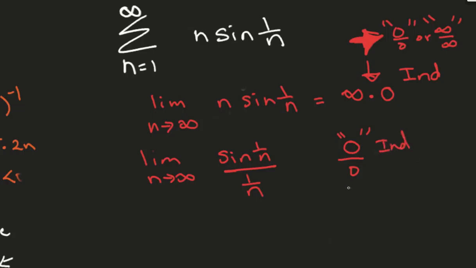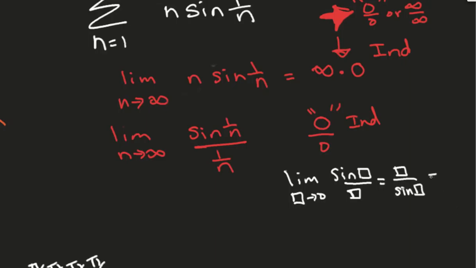It's okay. It says the limit as whatever approaches 0 of sine whatever over whatever, or whatever over sine whatever, equals 1. As long as those boxes are the same thing and approaching 0.